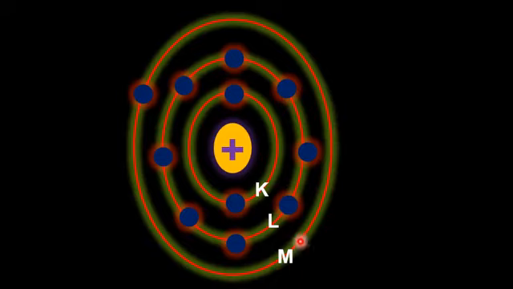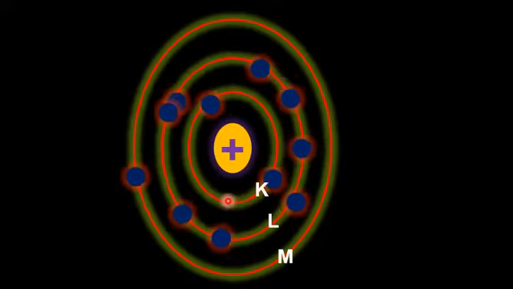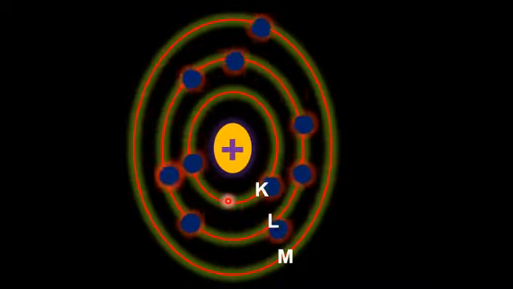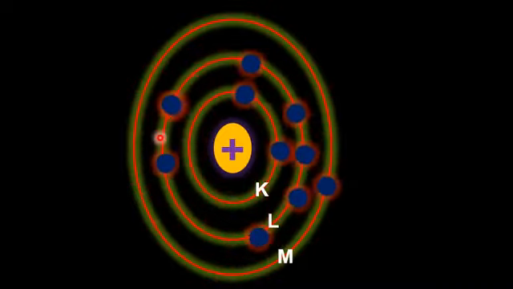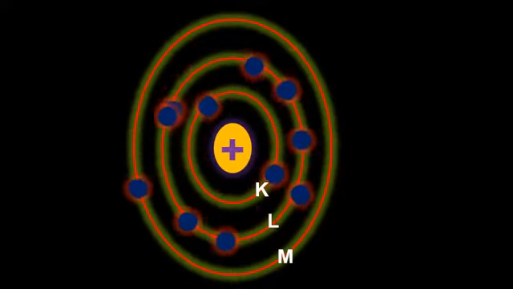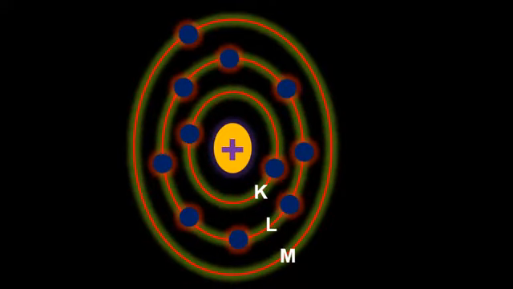Now let's discuss the emission of an Auger electron from a sodium atom. Auger electrons are produced when a high energetic beam of electrons is incident on a core shell electron, like K shell electrons. This is just an atomic representation of how the electrons revolve around the nucleus of an atom. Now consider the energetic beam of incident electrons.